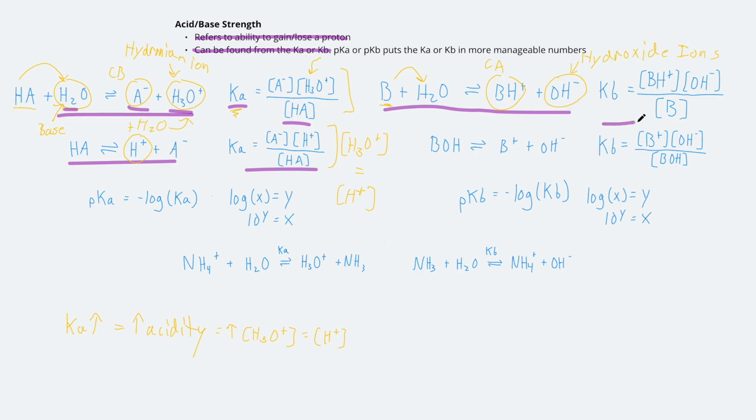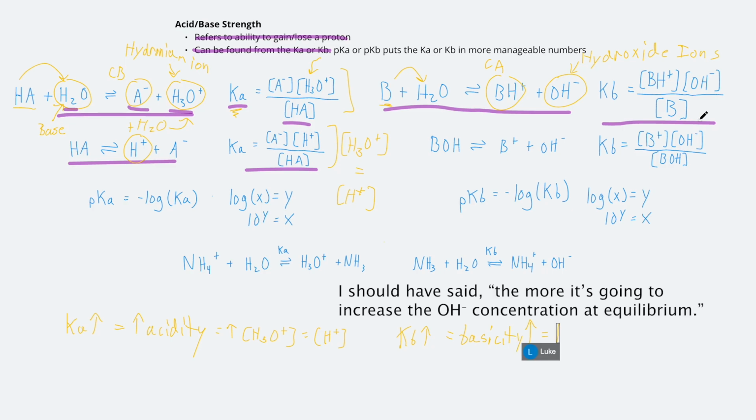Kb is the equilibrium constant for bases, and again, it's products over reactants. What it's showing you is how likely that base is to take the hydrogen from water. So the higher the Kb, the more likely that base is to take the hydrogen, so the stronger the base is. And the more basic something is, the more it's going to increase the OH concentration.